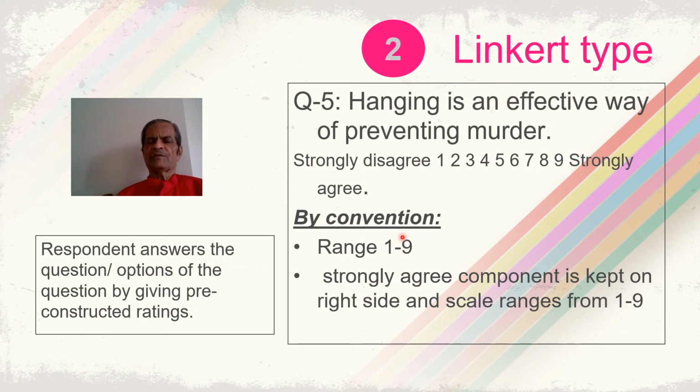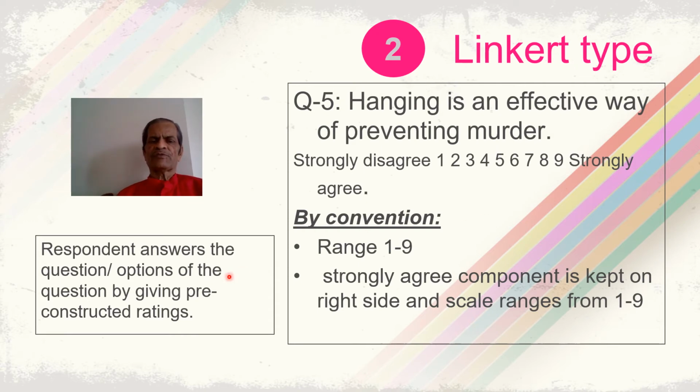The strongly agree component is kept on the right side, and the strongly disagree component is kept on the left side. And if you have an opinion in between, then you can choose an appropriate number.